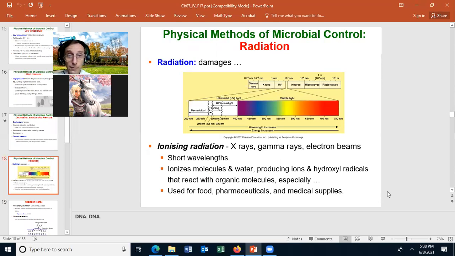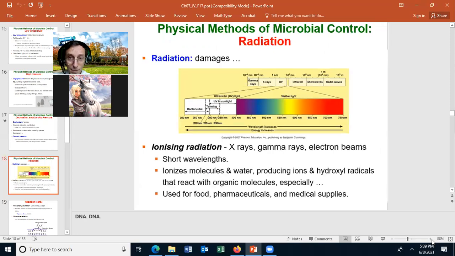All right, another physical method for controlling microbial growth is radiation. Radiation damages DNA. And I'm talking about ionizing radiation or UV light radiation. Because, strictly speaking, all of the wavelengths of the electromagnetic spectrum are radiation.